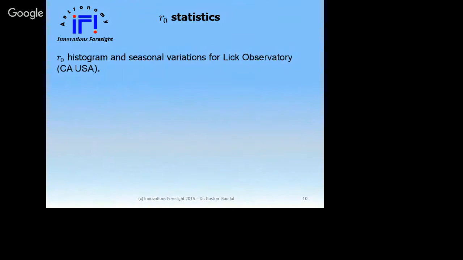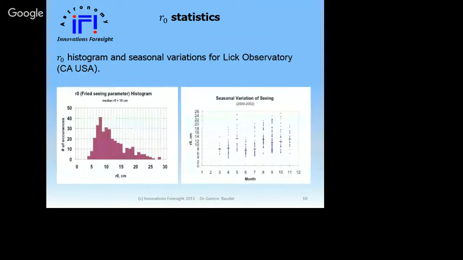Now, as I said, the seeing is a statistical concept because the process is stochastic, and R0 is not going to stay the same all the time. In this example, you can see the histogram of the R0 and the variation over the season. This is for the Lick Observatory in California.